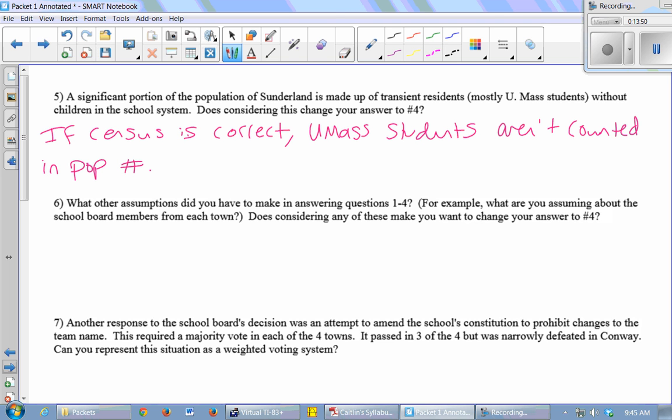So what if we did count the UMass students in there, though? Should we say, well, then you really don't deserve 30% of the power, or should they still have 30% of the power, even though much of their population is temporary?